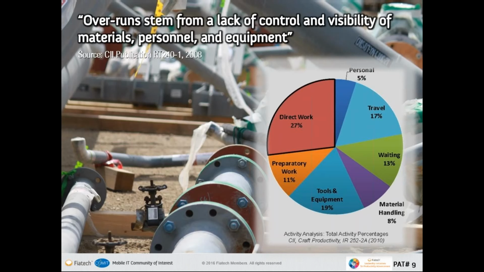And this is really through cloud-based technologies and mobile devices as well, to get access to the cloud for information that they need on the spot when they need it. So all that really relates in really adding time on tools. And if you look at another study that CII did in 2008, RT240, this is really based around the use of RFID and mobile technologies, being able to visualize or make visible those materials and equipment to the work face when they need them.